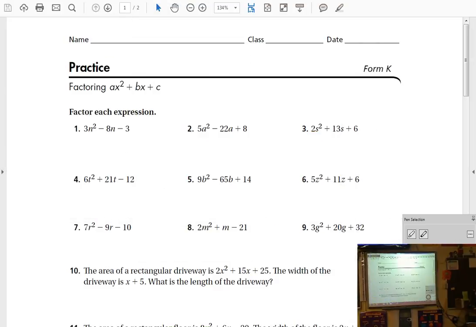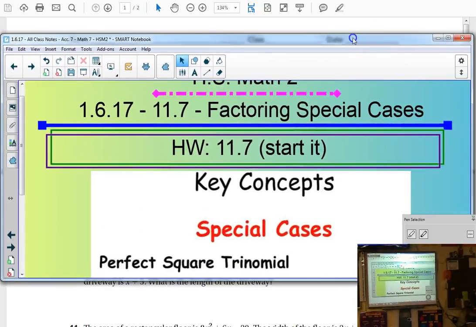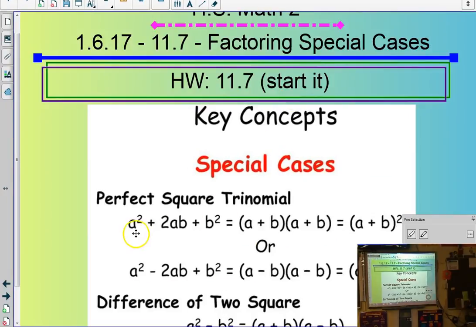So our special cases. I'm going to put this up on the TV. A perfect square trinomial is when the a value is a perfect square and the constant value is a perfect square, and what's more, the value of a and b multiplied together gives you your middle term.